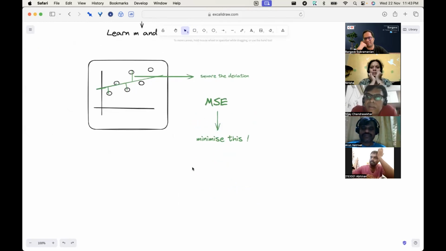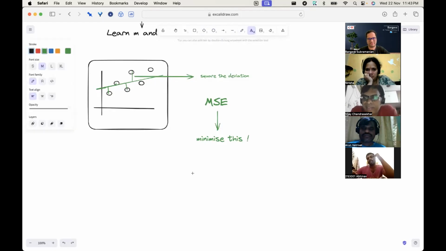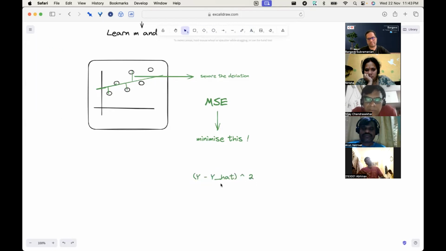So what is my MSE here? What is my error? The sum of the errors, y minus y hat whole square, something like that. Or take y, which is the actual value, minus the predicted value, square it, and divide by the number of data points. That's right.